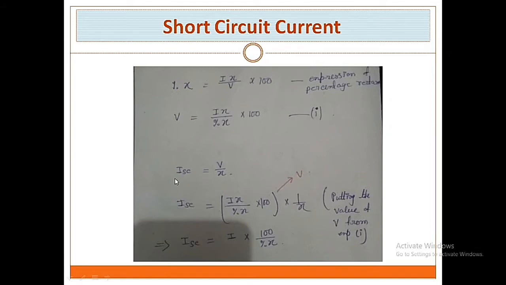ISC equals V by X. Putting the value of V from expression 1, ISC equals V into 1 by X. From this expression, X and X cancel out. So, we get ISC equals I into 100 by percentage X.